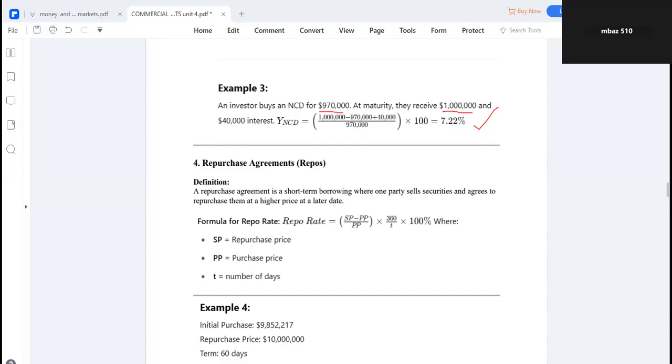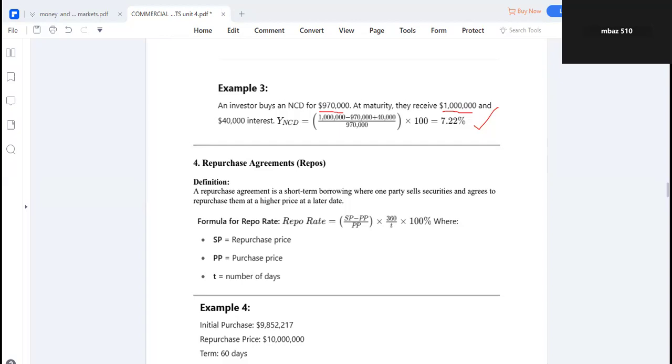It's a short-term borrowing agreement where one party sells securities like government bonds to another party. They agree to repurchase them at a later date, usually overnight or within a few days, but at a higher price. So it functions like a collateral loan.